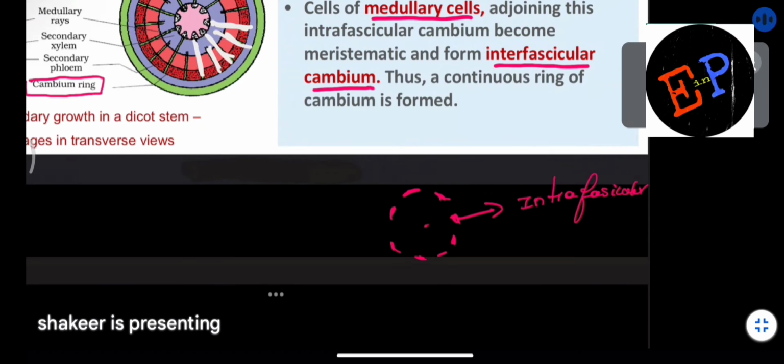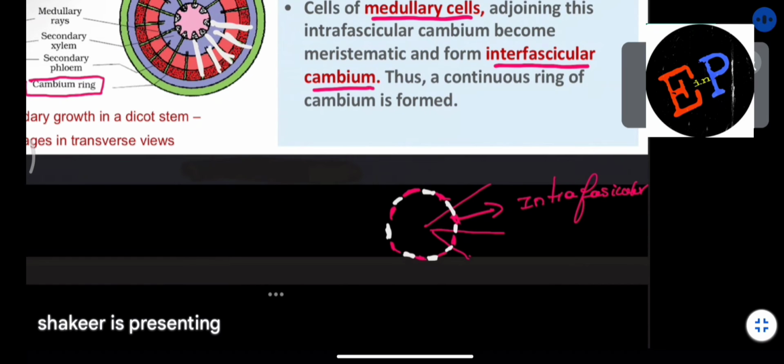In these gaps you can find the medullary rays. And these medullary rays will make another cambium, called interfascicular cambium. These gaps are filled by interfascicular cambium. So therefore, it completes a ring.